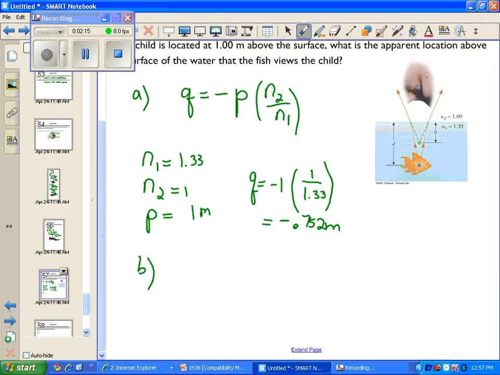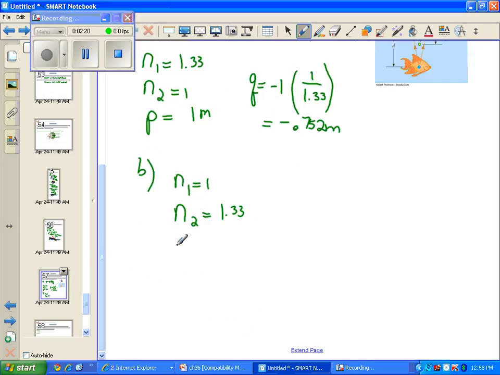In the second case, however, the light is traveling in the air, goes to the water, which is where the fish sees it, and the child is 1 meter above the surface. So the question is, where is the child located with respect to the surface?